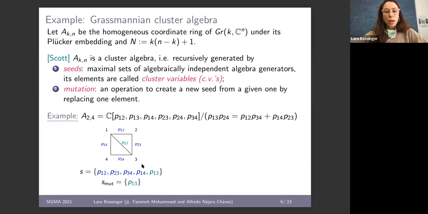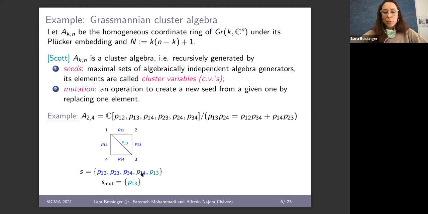So this triangulation of a 4-gon has one diagonal and 4 sides that correspond exactly to 5 out of 6 Plücker coordinates, and they form an algebraically independent set. The Plücker coordinates associated to the boundary cannot change, so they will be called frozen.